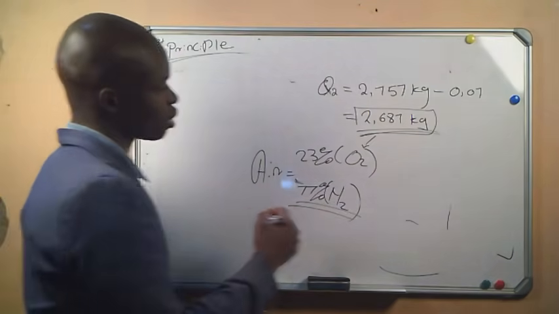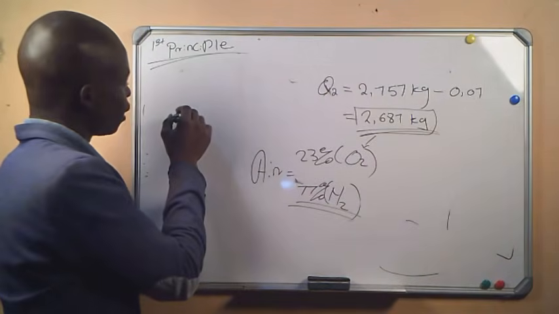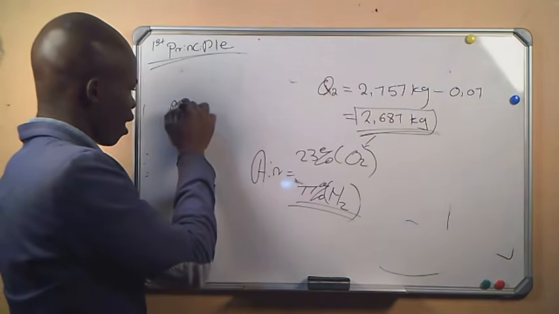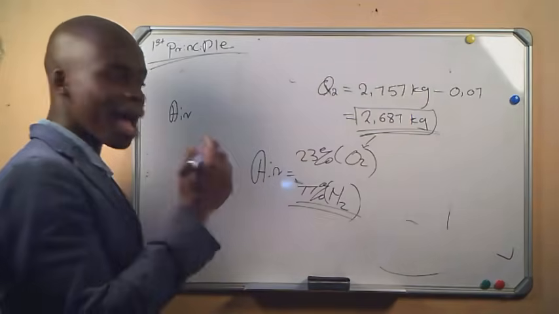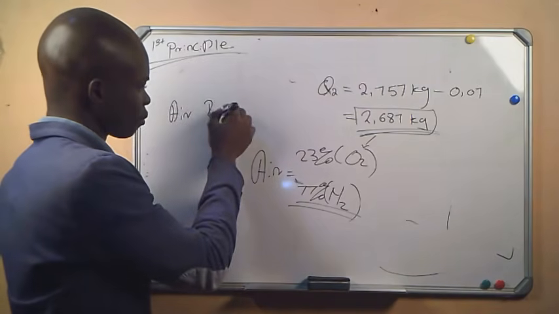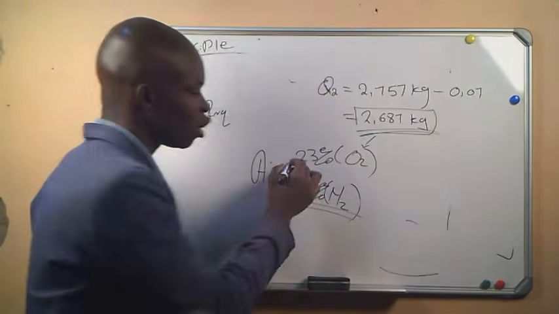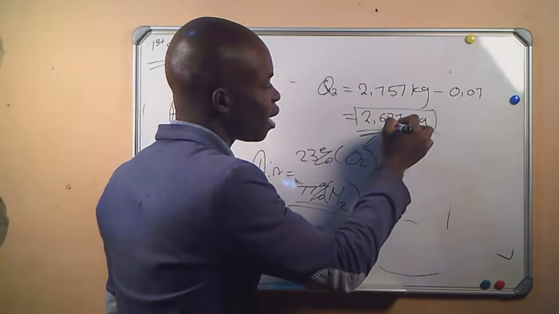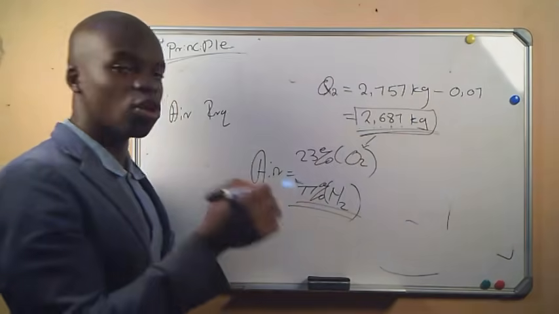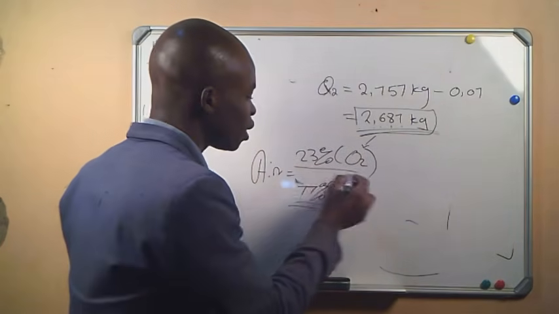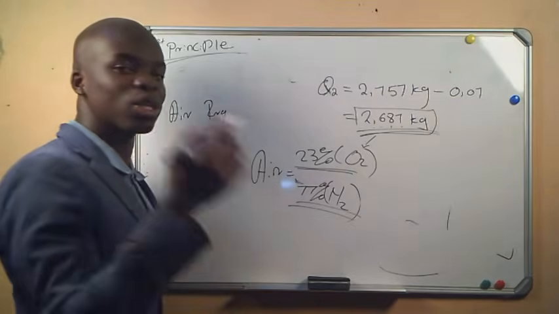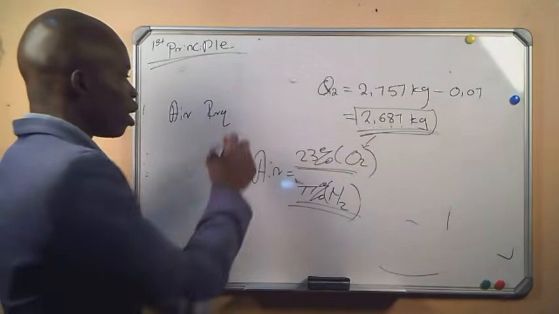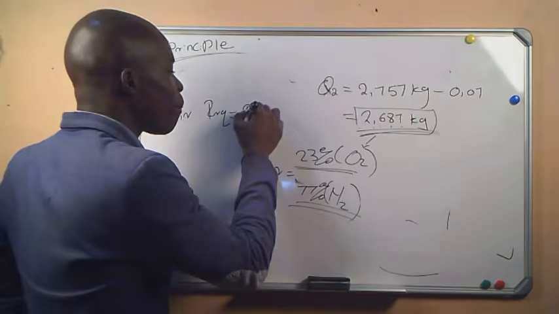And then we go to say the amount of air required so that we can have 2.687 kg of oxygen, which is 23% of the total capacity of air, is equal to the amount of air.